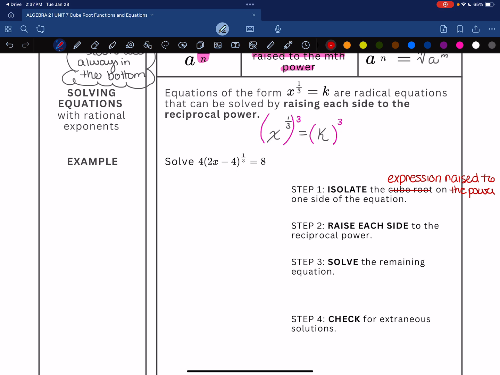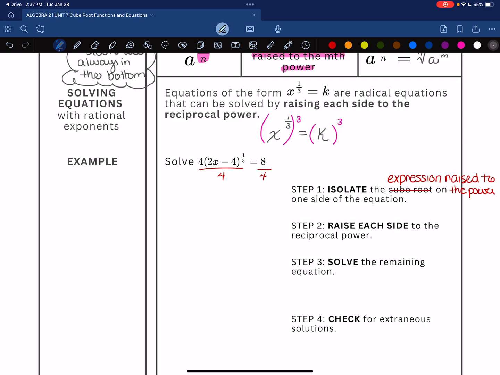Okay, so I need to look here and see, is that expression raised to the 1/3 power all by itself? No, not quite. I'm going to need to undo that 4. And how will I undo that 4 that's in front of that group? Yeah, we're going to need to divide each side by 4.